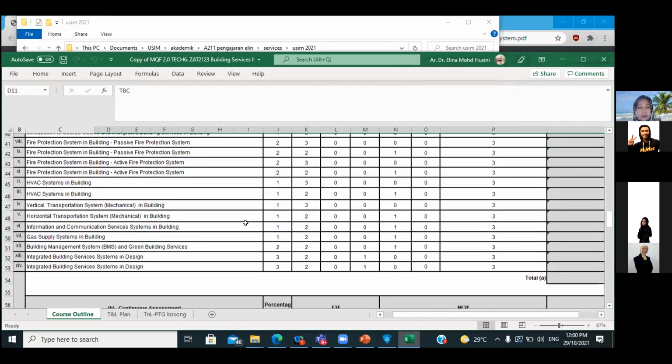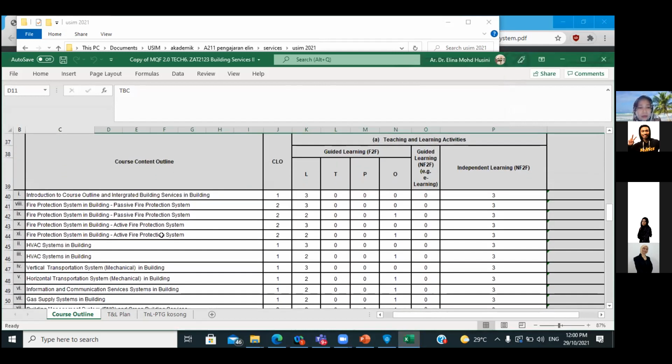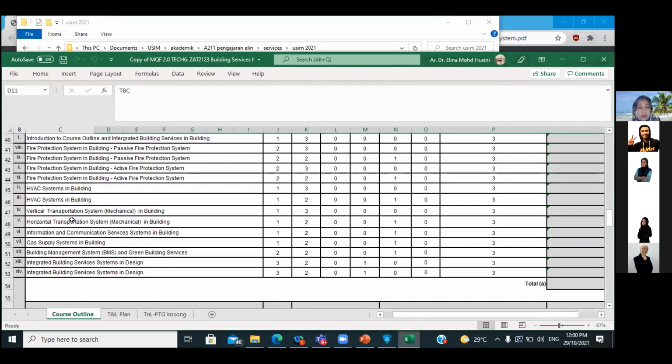Do you see what I'm sharing now? Vertical transportation is the lift. Horizontal transportation system: you need to understand how to design the escalator. Information and communication system, building automation system. Familiarize.